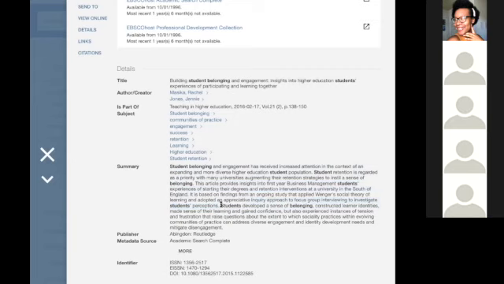Students developed a sense of belonging, constructed their learner identities, made sense of their learning, and gained confidence, but also experienced instances of tension and frustration that raised questions about the extent to which social practices within evolving communities of practice can address diverse engagement and identity development needs and mitigate disengagement.